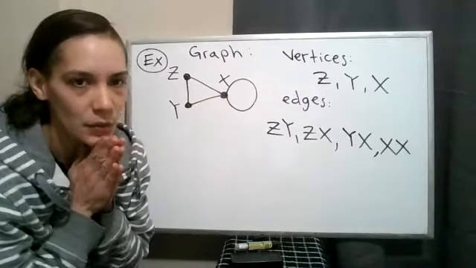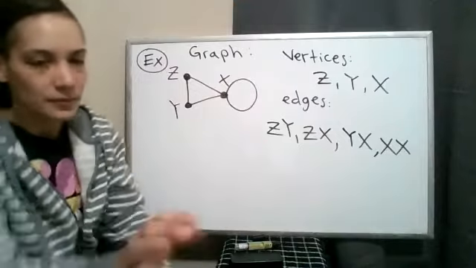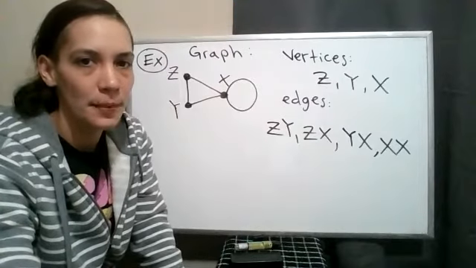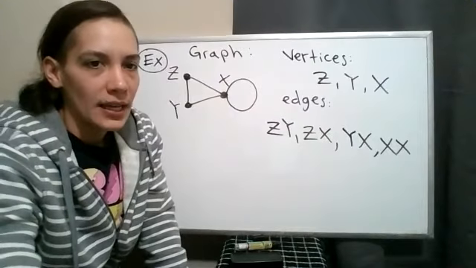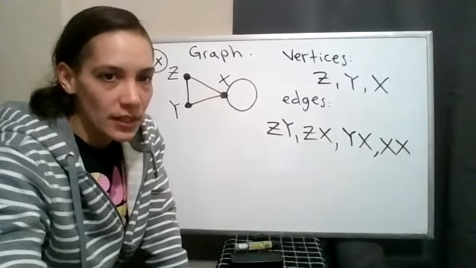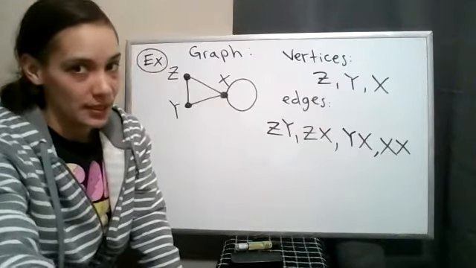Okay, let's do one more definition and then tons of examples. Edges that appear more than once are called multiple edges.